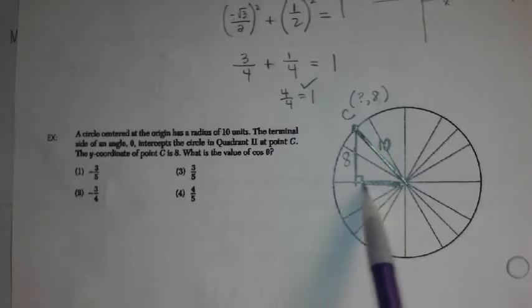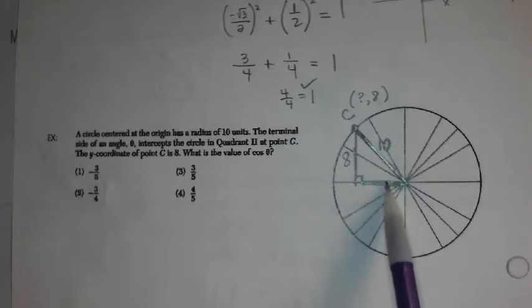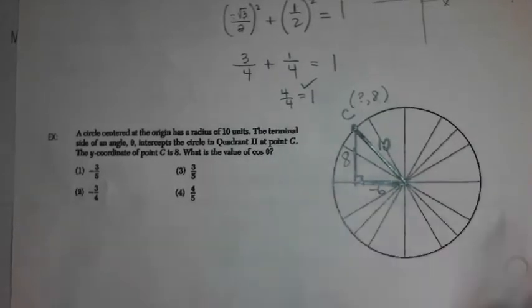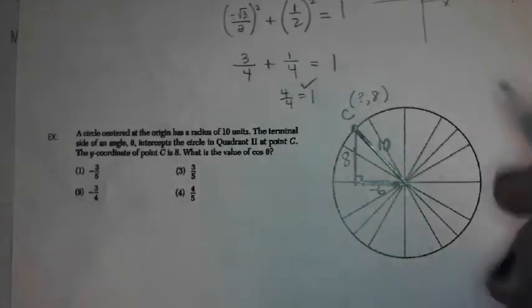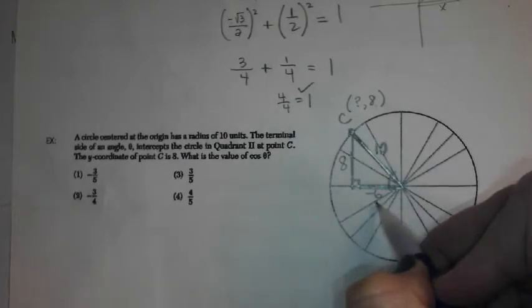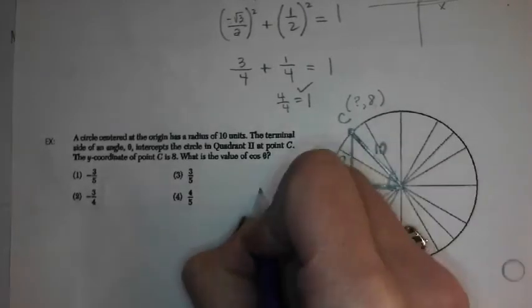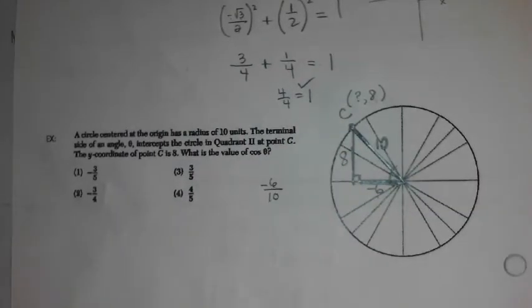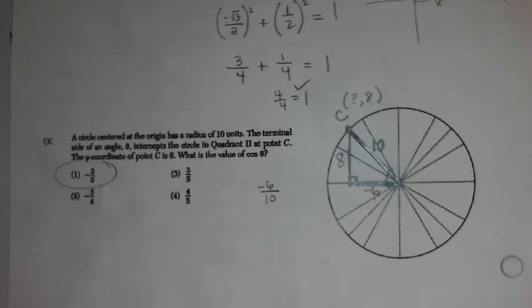What is this? Would you say, Nate? Negative 6 though, right? Because we're going in the negative direction. What's now the value of cosine? Well, here's your angle. Cosine is adjacent over hypotenuse, negative 6/10, which reduces to which of those options? Number 1, negative 3/5.